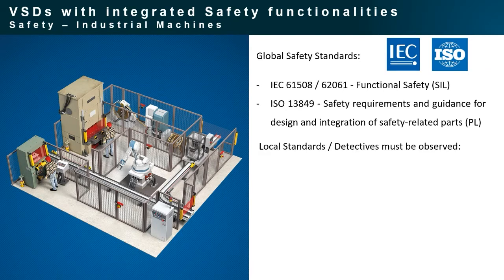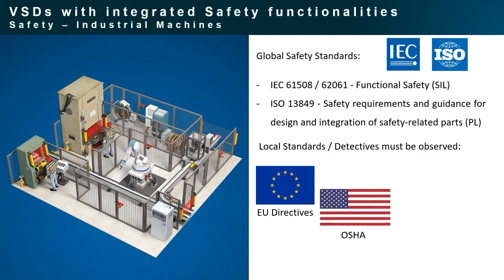But of course, there are more standards in different countries that must be followed. So don't forget to evaluate the local standards when you are designing your machine or when you are installing safety components on it. I would like to emphasize here European directives. The European directives follow the same IEC and ISO standards we will talk about today, but of course there are some additional recommendations that must be followed.